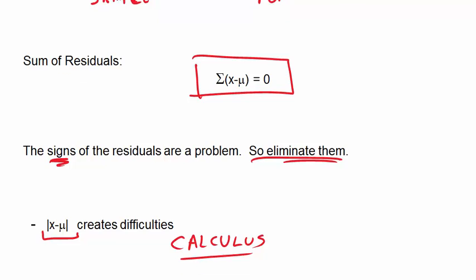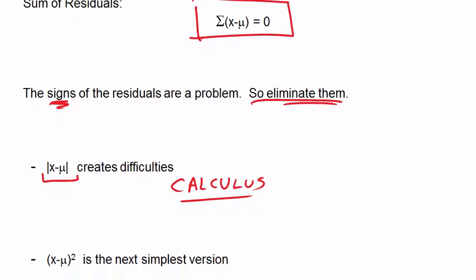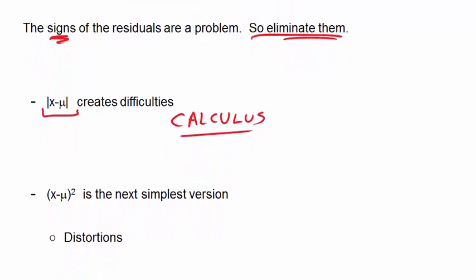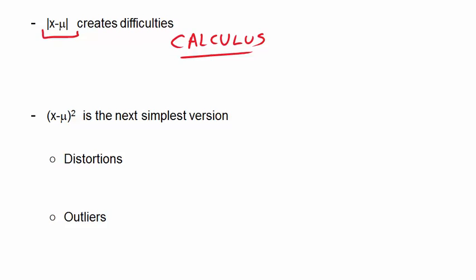So the next best thing that we can possibly do is take the square of them. Squaring certainly eliminates all of our negatives. And then, the squared residuals will actually add up to something. But the problem here is we actually get a couple of twists, implications into our data set that we didn't have before.